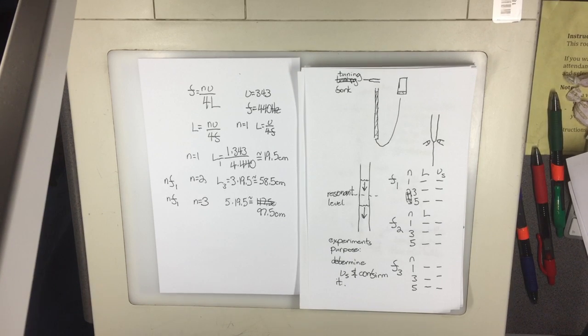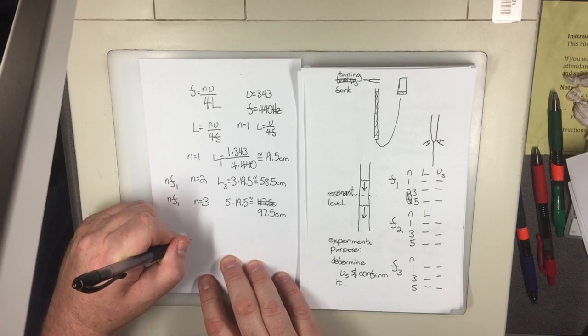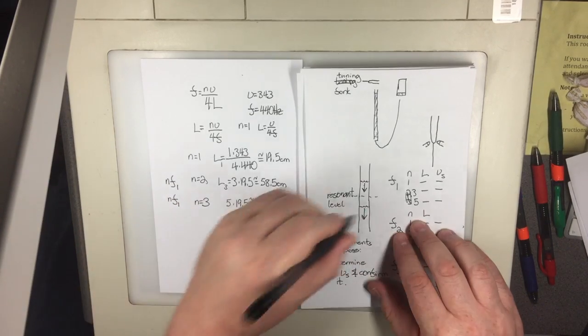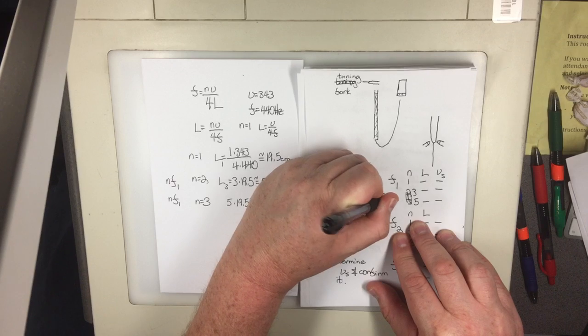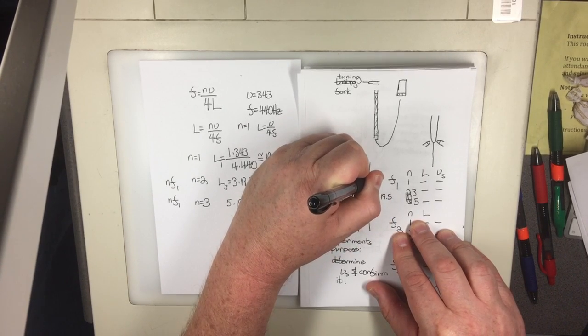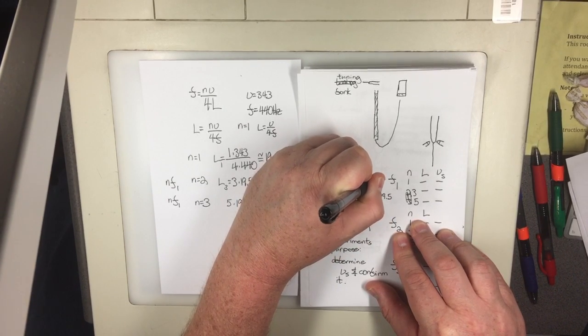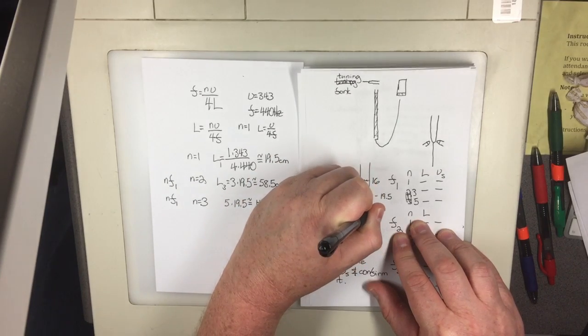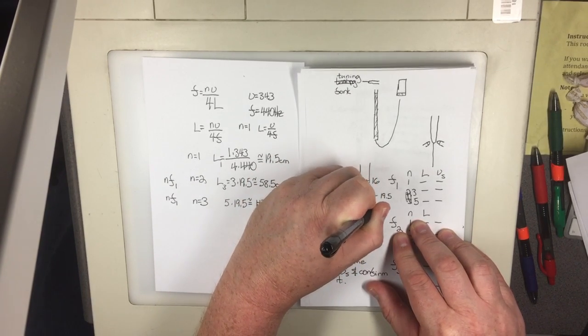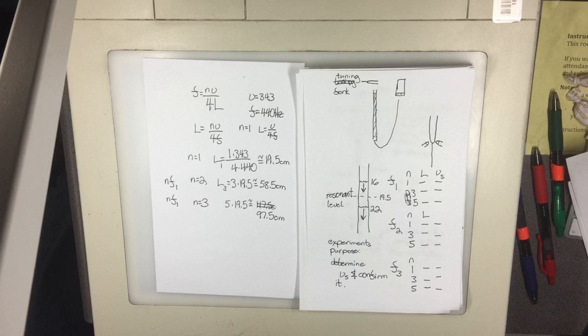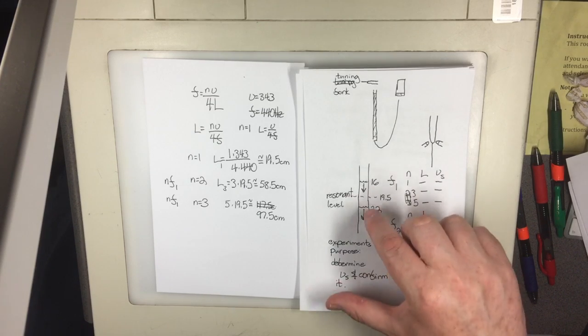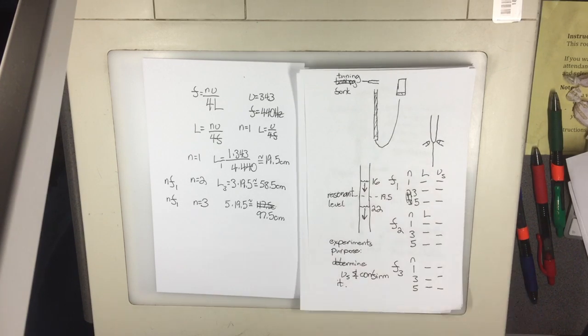So what you do for the first one is, you know that it's going to be there, so you start at about 16 and then you stop at about 22. It's much easier to search over 6 centimeters than it is to search over the whole length of the tube. You lower it, it goes past 19.5, and you rock it back and forth.